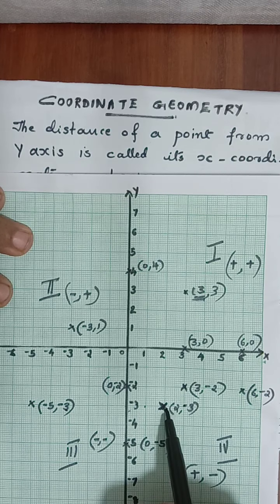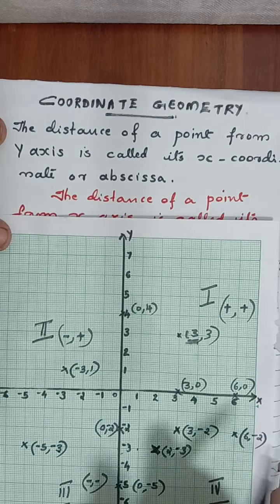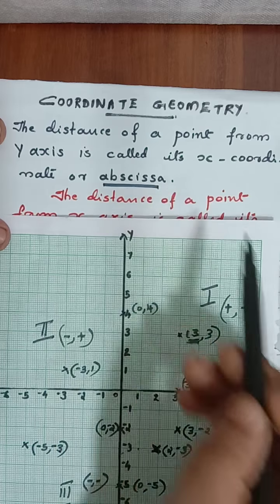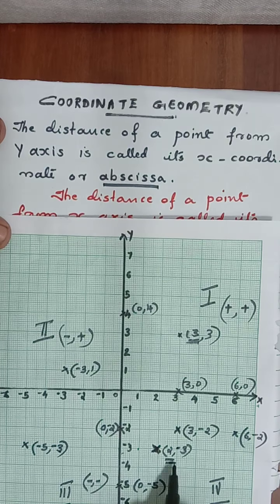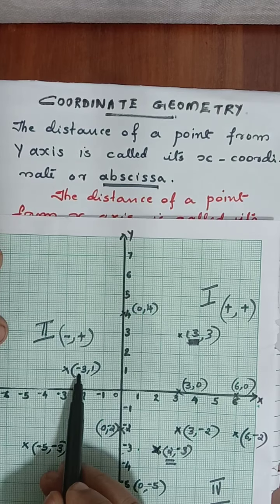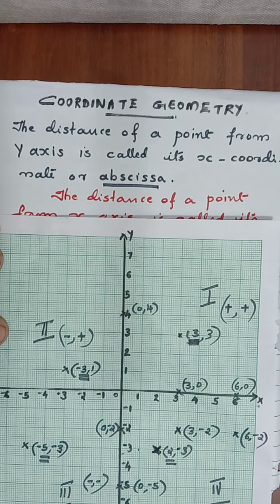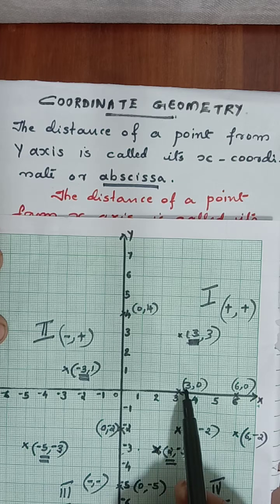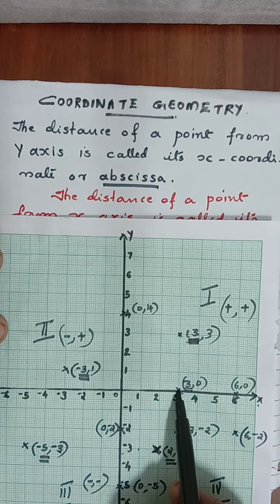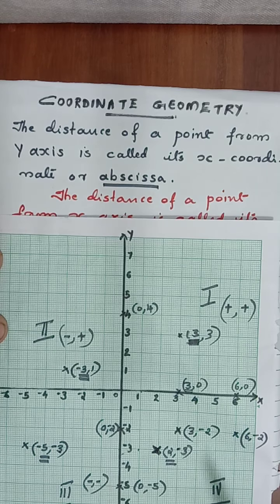Distance from the y-axis is called the x-coordinate and also it is called abscissa. The term is abscissa. The x-coordinate is called abscissa. Here 3 is the abscissa, -3 abscissa, -5 you can see as abscissa. Here (3, 0) has abscissa 3: 1, 2, 3 units from the y-axis. So the x-coordinate is called abscissa.